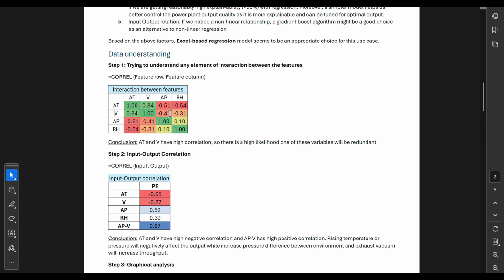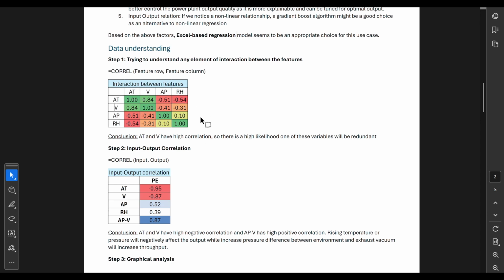It's roughly in the 30 to 50 range. 0.84 is a really high correlation number. So our conclusion here is that probably we should try out a model where we use one of these two features instead of having both of them, and see how it impacts the output.